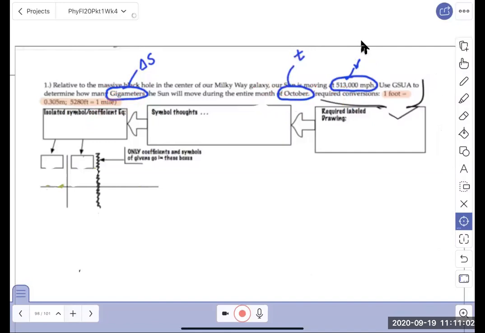Okay, so then we come down here. Oh, and by the way, I highlighted the constants there. If I give you conversions like that, then you're going to use those. Now, when you take AP Physics, they may give you conversions. I used to do this sometimes because the AP test does it. You give them conversions they're not going to need, and then they have to pick out the conversions that they want.